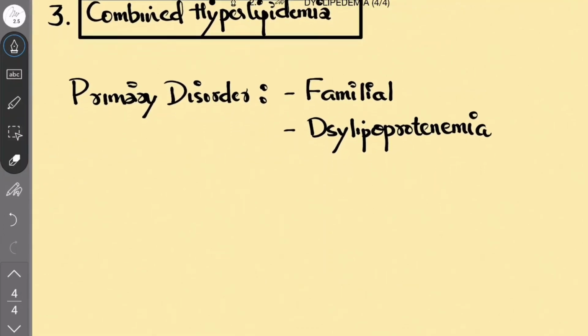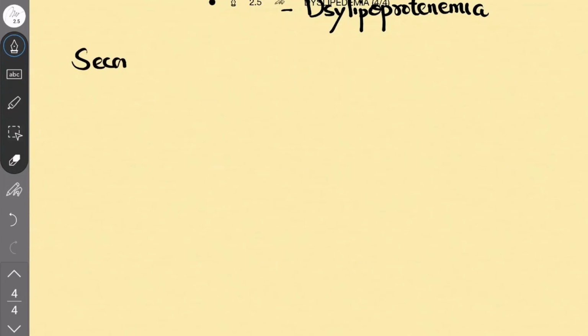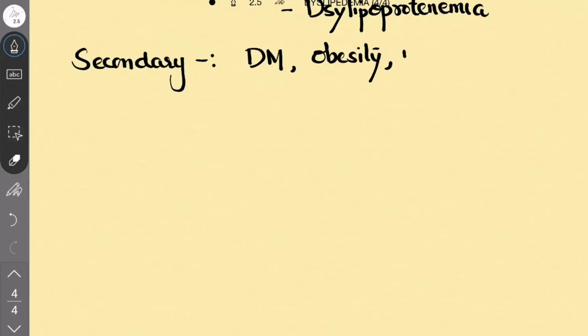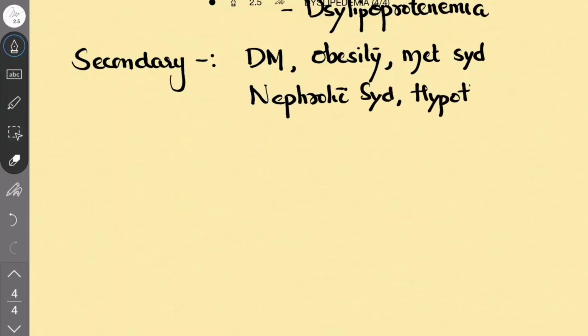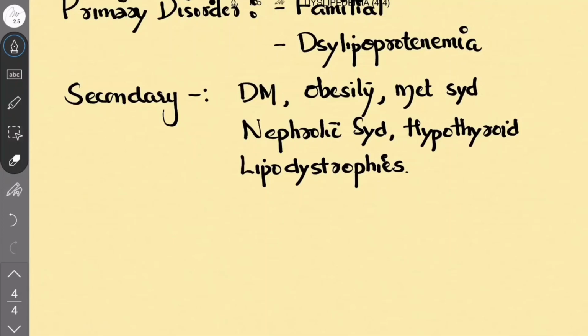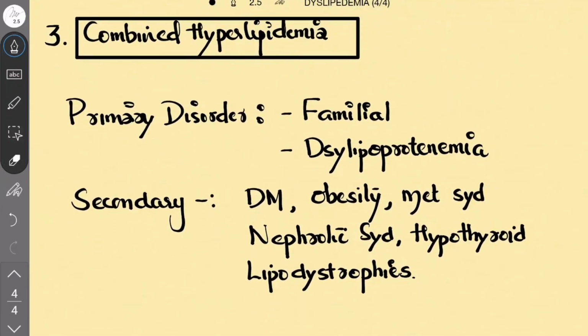These are the primary disorders. Then come the secondary disorders. Secondary causes include diabetes mellitus, obesity, metabolic syndrome, nephrotic syndrome, hypothyroidism, and lipodystrophies. These are the primary and secondary causes of combined hyperlipidemia.